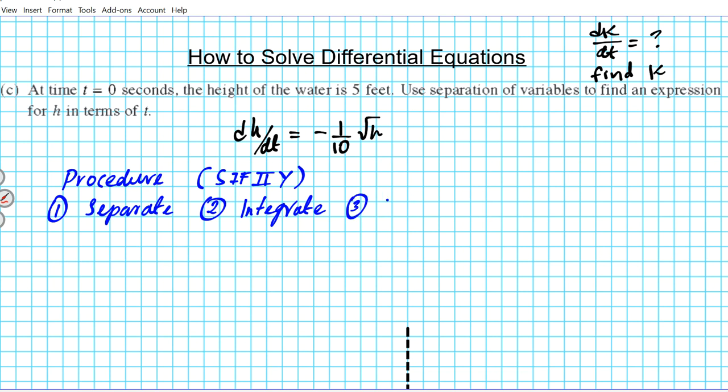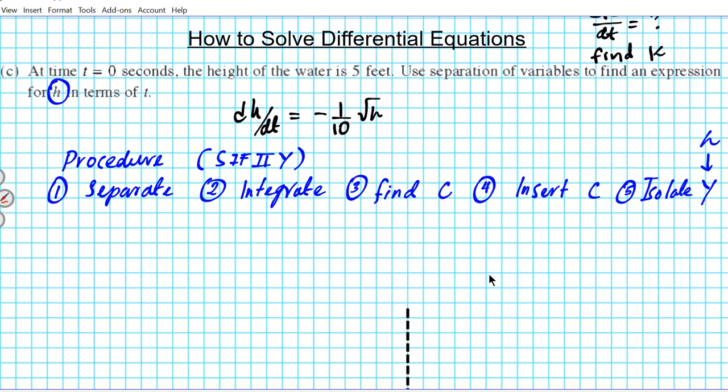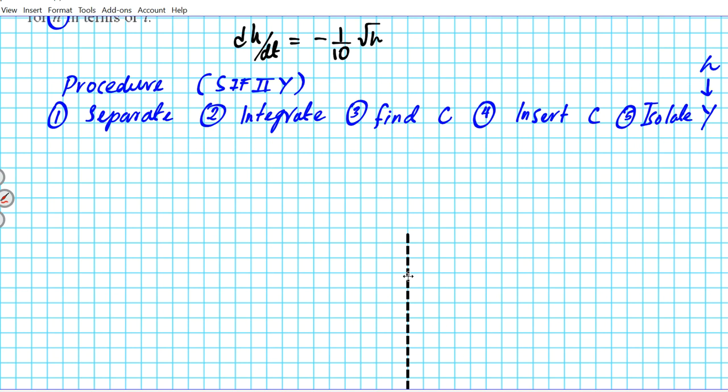Step 3, you find the constant resulting from your indefinite integration. Numbers 4 and 5 are kind of connected. You're going to insert C, and then in part 5, you isolate y. In this particular case, we're looking for h, so we're not isolating y. The dependent variable in this problem is h, so we're going to isolate h. So there goes the steps for solving differential equations.